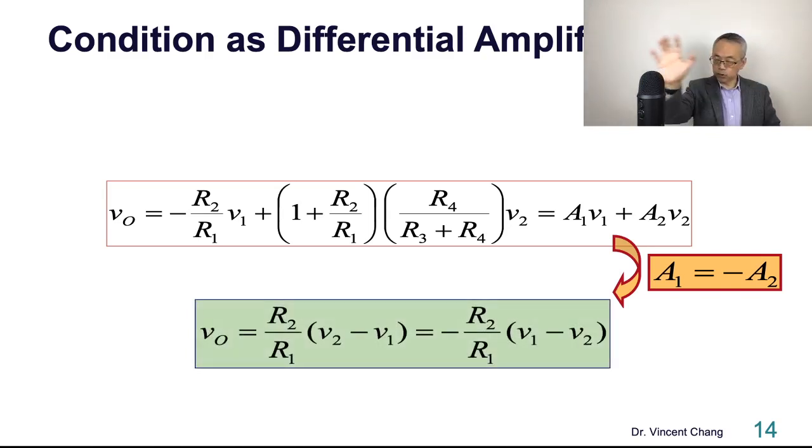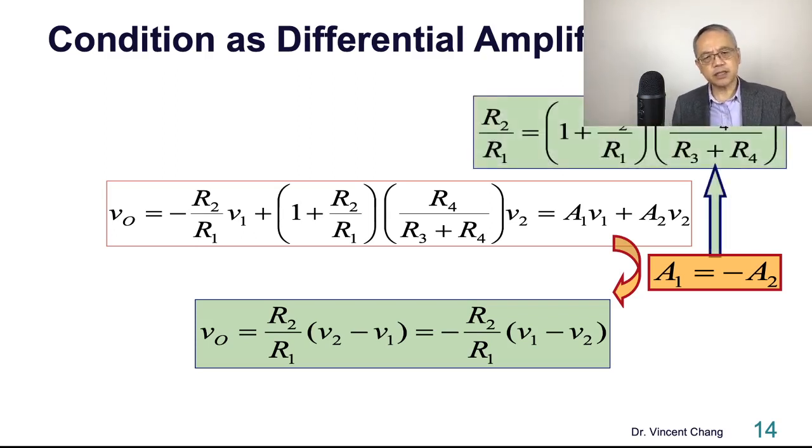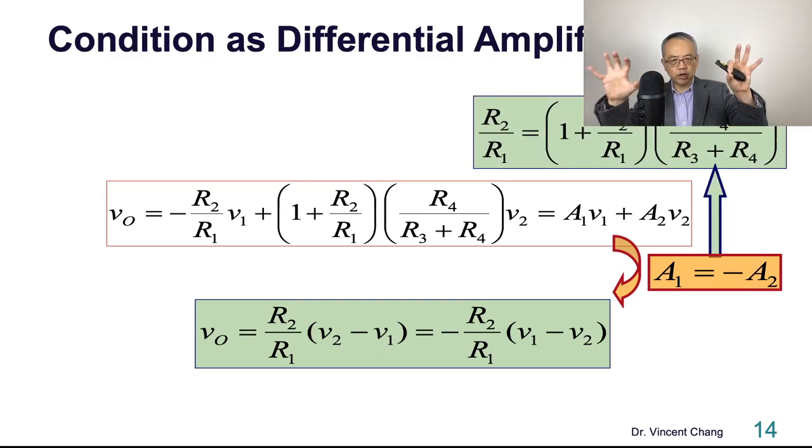Then it becomes the differential amplifier, right? So if it's R2 over R1, then V2 minus V1. If the differential gain is negative R2 over R1, then V1 minus V2. So what's the condition? The magnitude of the two coefficients should be the same.